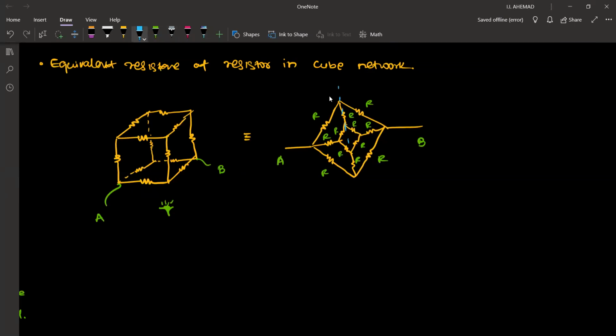Here we have a vertical symmetry, right? So considering the vertical symmetry, I'll say the potential in this line is same. Using that, what I can do is I can remove this resistor and this resistor, right? Now you can solve.